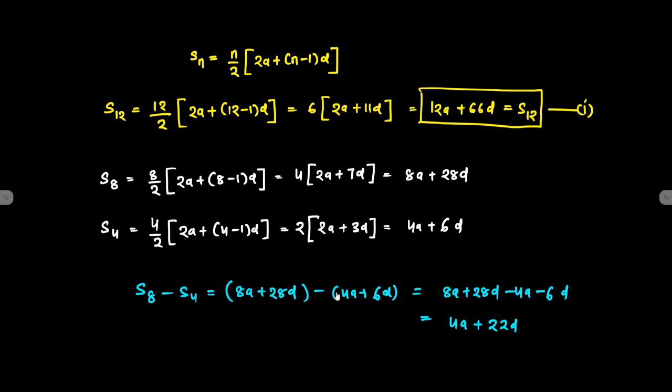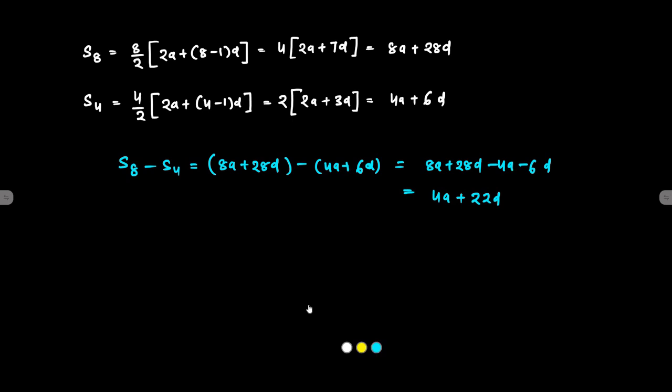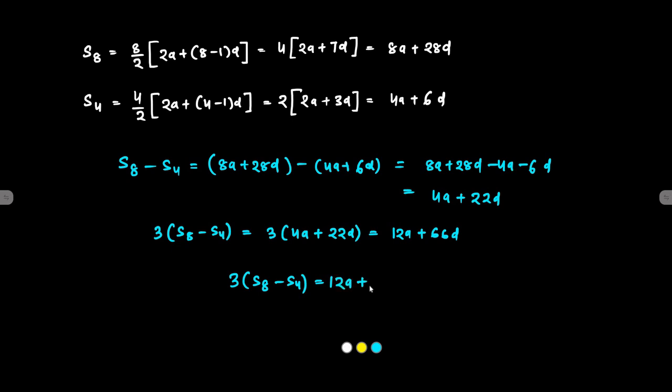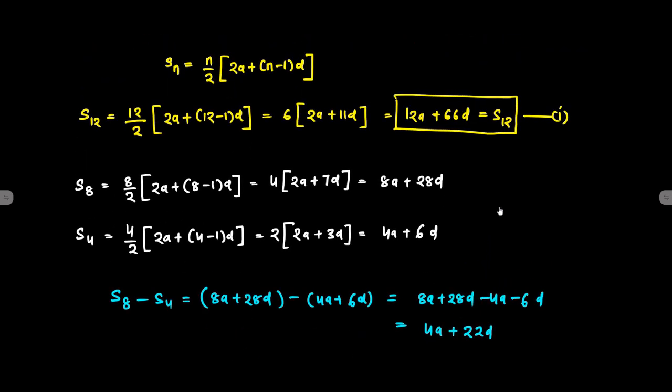Now 3 into S8 minus S4 is equal to 3 into 4a plus 22d, which is equal to 12a plus 66d. So 3 into S8 minus S4 is equal to 12a plus 66d, and S12 we calculated as 12a plus 66d.